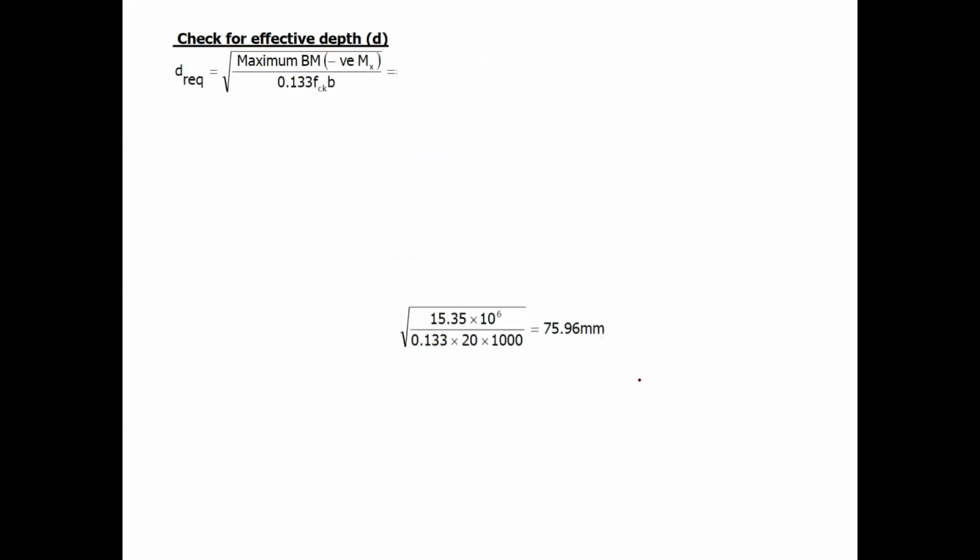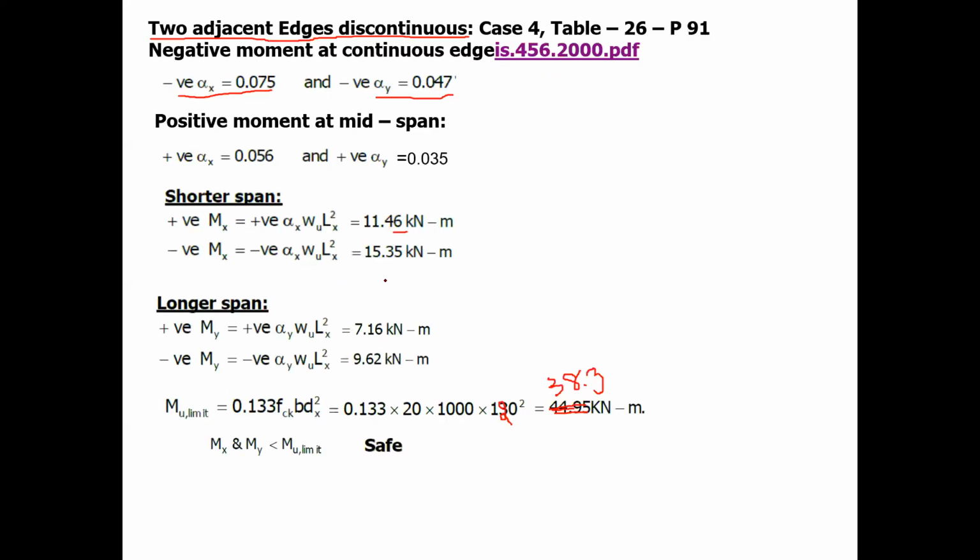Next, when you are taking the maximum negative bending moment, you have to compare these two values. So this is the maximum negative bending moment. That is why here you are going to consider 15.35.